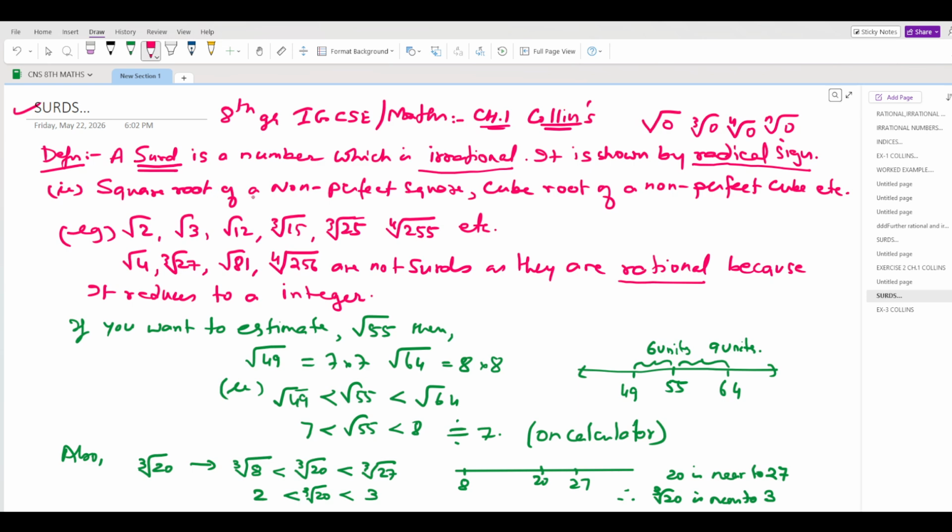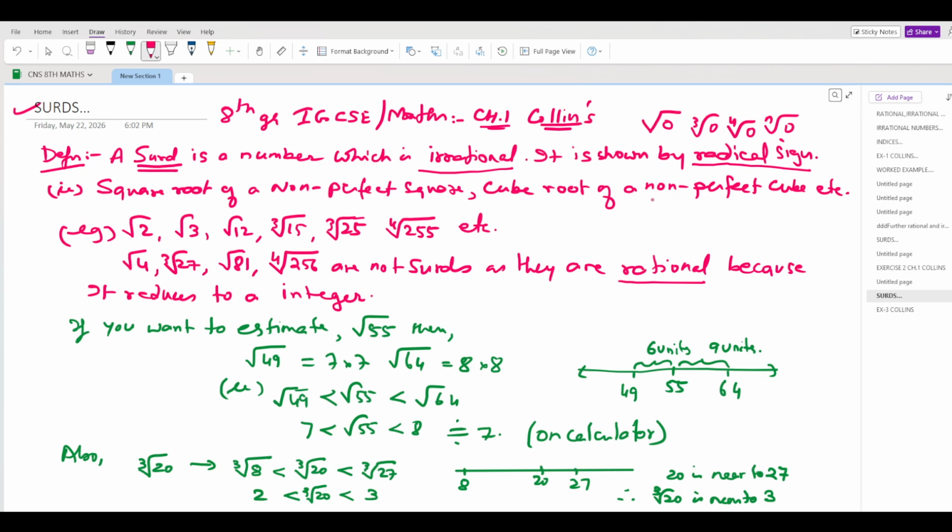If there is a non-perfect square under the square root sign, then that entire number will turn out to be an irrational number, because that is the definition of an irrational number. A non-perfect square under a square root sign is irrational.